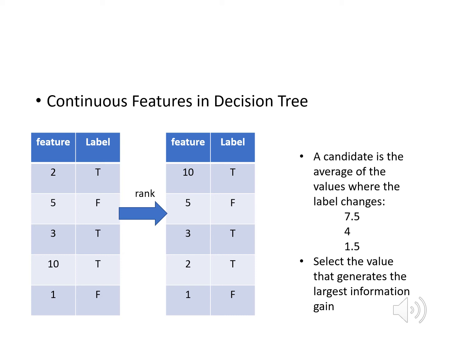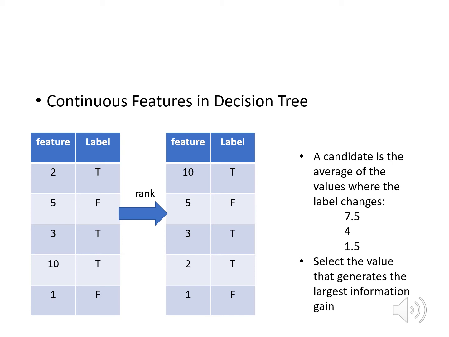So the feature value of 4 is also a candidate. Then from 3 to 2, they are all true values, so we don't consider these two values. And then from 2 to 1, there is a change in the label, so 1.5 is also a candidate. Then we have a candidate set of 3 values.